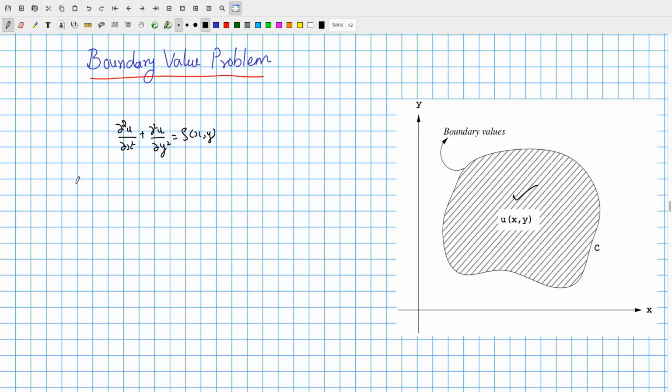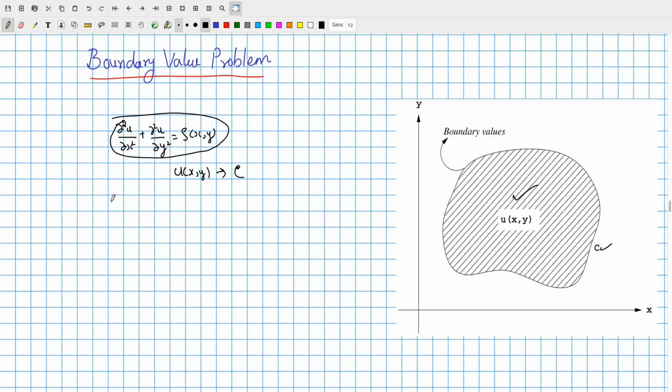This is the boundary value problem we want to solve, and u of x comma y is given over the closed surface C. The first step is to convert this equation into a finite difference equation. Both x and y are space, and since it is a second derivative, we use the center difference scheme.